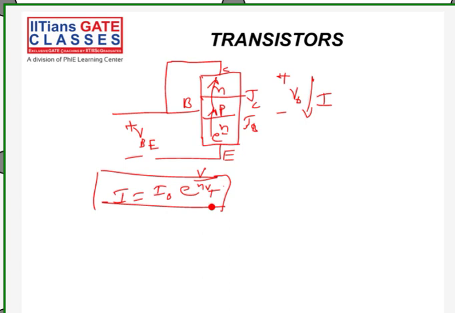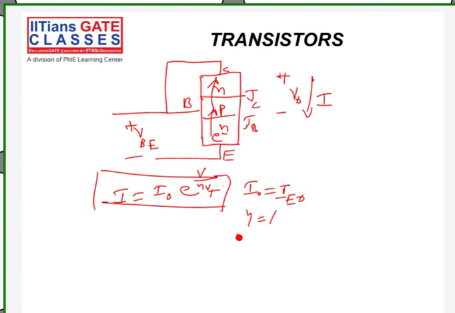So now, what is I naught here? I naught is the reverse saturation current of the emitter junction. That is, in this case, I naught is equal to IE naught. Here eta is equal to 1 for a transistor, and V is equal to VBE.